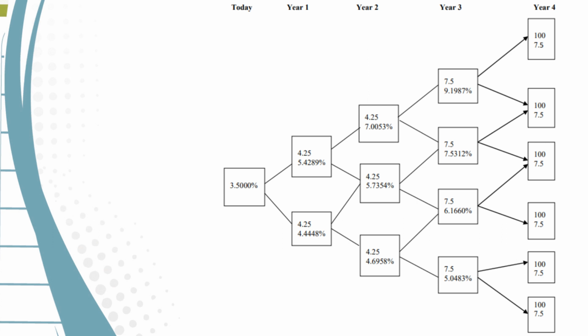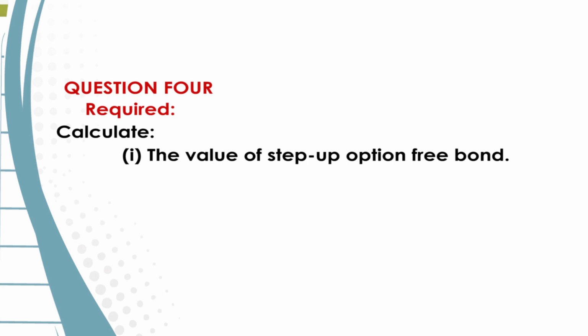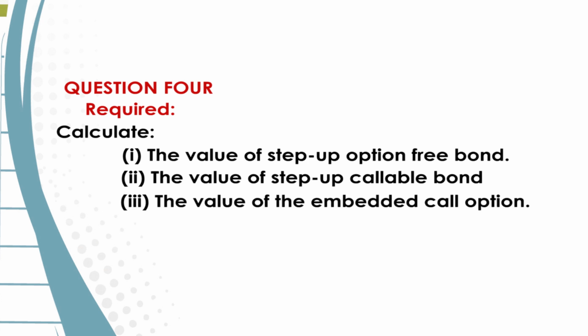Then we have the details concerning this step-up callable note. Required: Roman 1, calculate the value of step-up option free bond, 4 marks. Roman 2, the value of step-up callable bond, 4 marks. Roman 3, the value of the embedded call option. So that is the question.